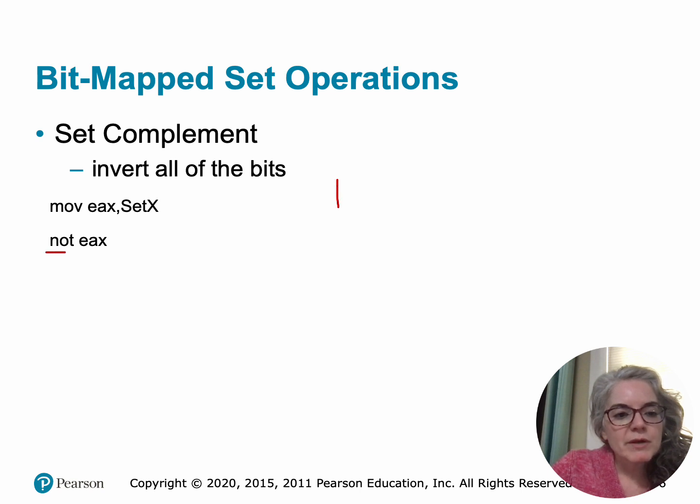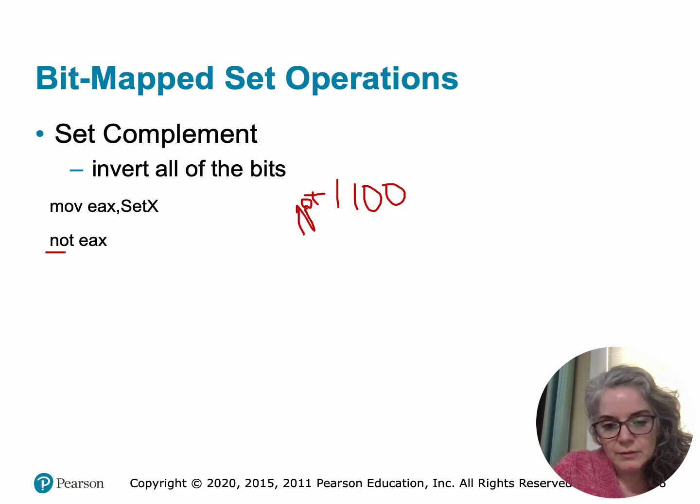So remember, if we had 1 1 0 0 and we said NOT 1 1 0 0, then this would just change this to 0 0 1 1. So that is called a set complement, and it just inverts all the bits. Pretty simple.